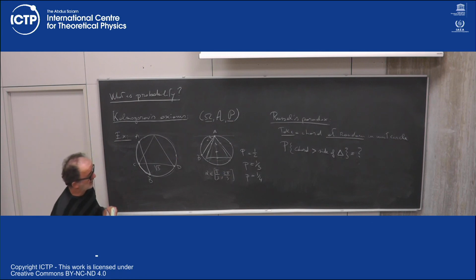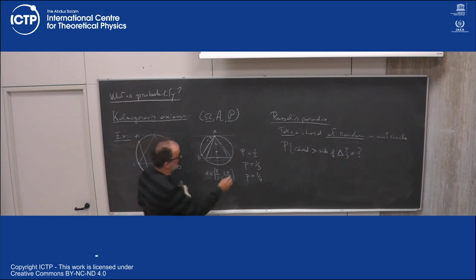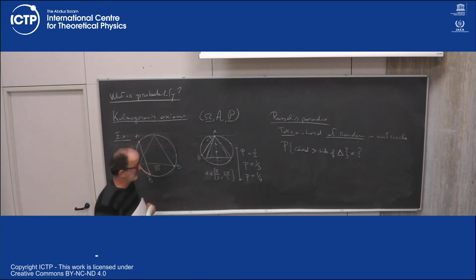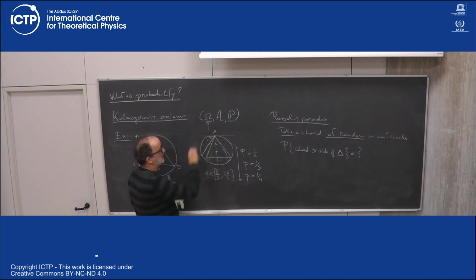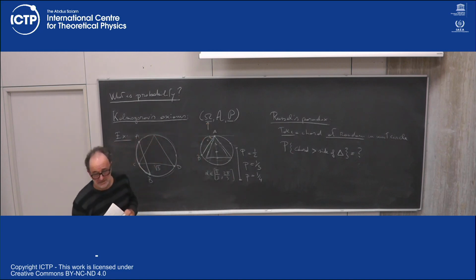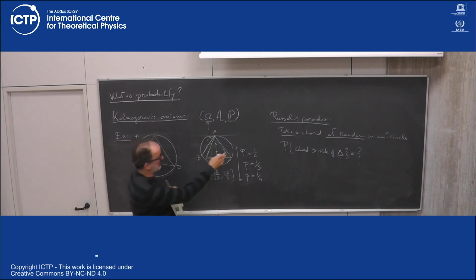Okay. So the reason why you get a different answer here is because essentially you are choosing a different sample space in each of these three cases.